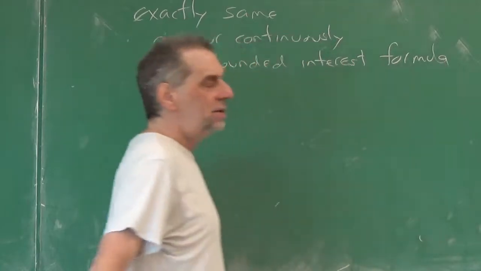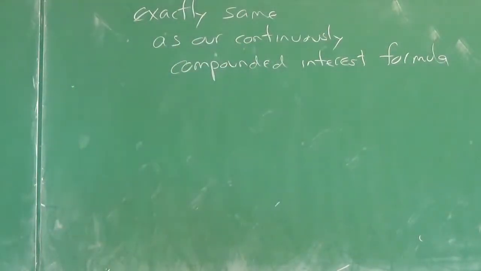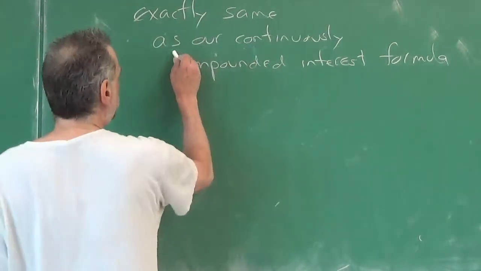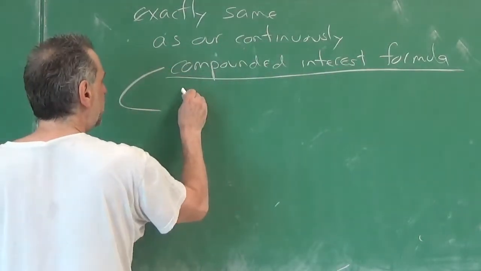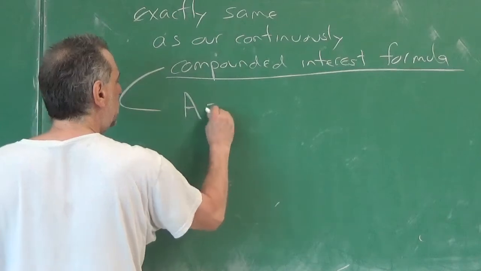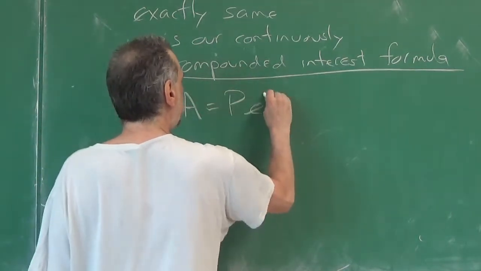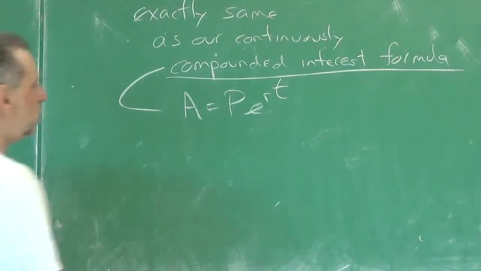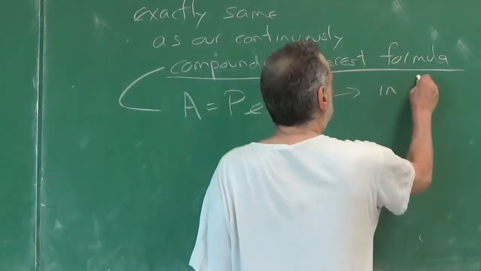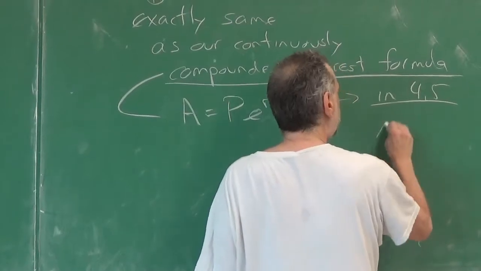Now we're just using somewhat different letters in this section. So the compound interest formula from our previous section, we said the final amount is equal to the original amount times e raised to the rate times the time. So in this section, it's the same thing except we're using slightly different letters.